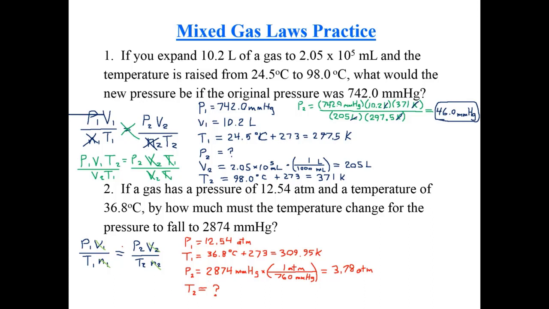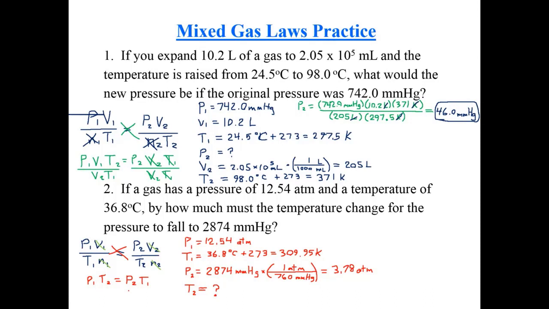And then we'll go ahead and use the cross-multiplied form here. So this will be P1 T2 is equal to P2 T1. And I would encourage you to actually solve the algebraic, or variable form of this before you plug in numbers.